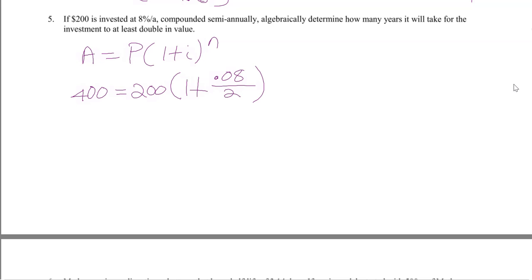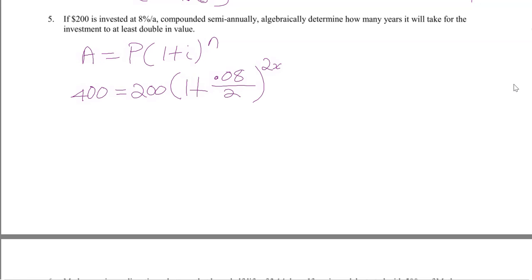So if I write this as just plain old x, it will be the number of semi-annual periods, right? In which case, if x was 5 semi-annual periods, it would be 2.5 years. We'd have to divide it. Or I can say to the power of 2x.